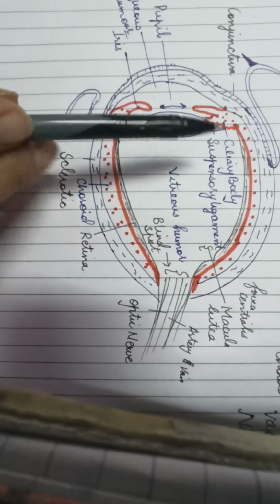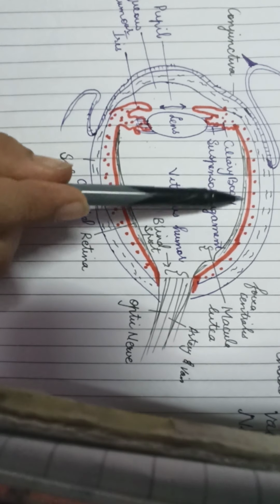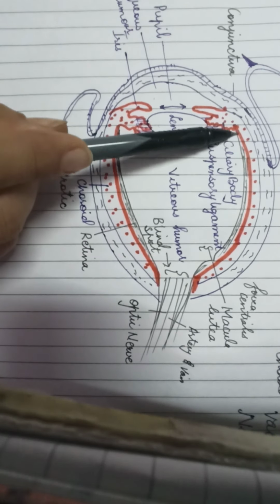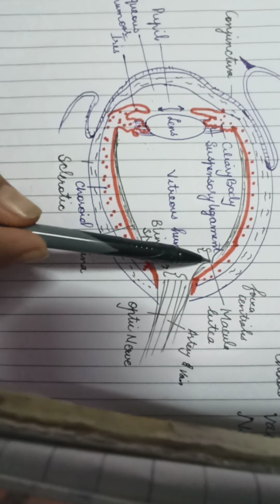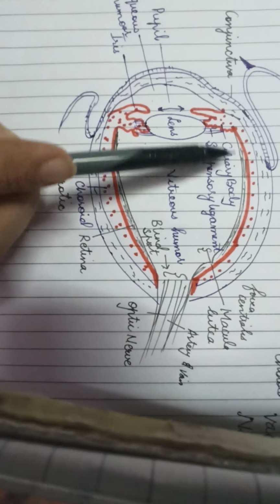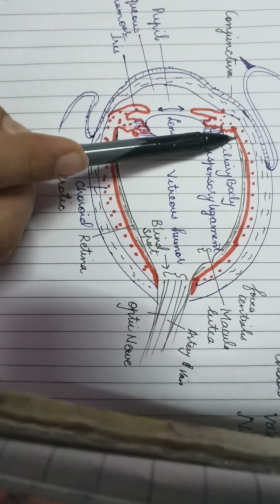Please note it down. As we move from this portion to the back, the number of rod cells decreases. So here a maximum of cone cells are there, and here a maximum of rod cells are there.